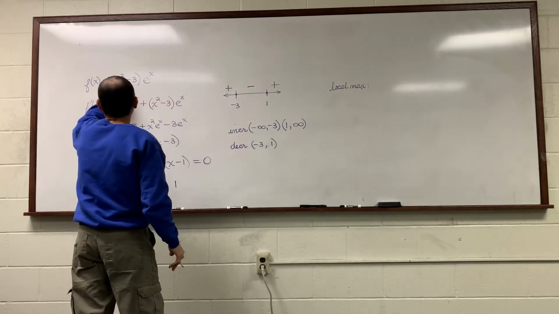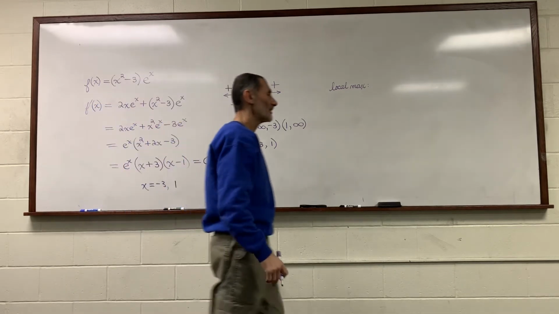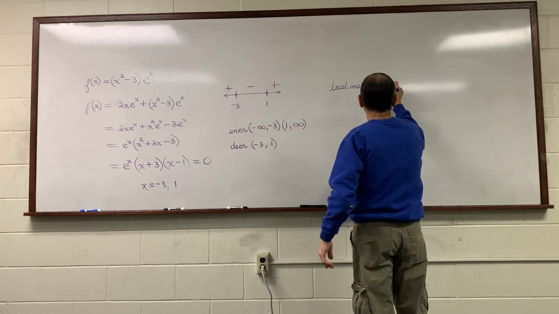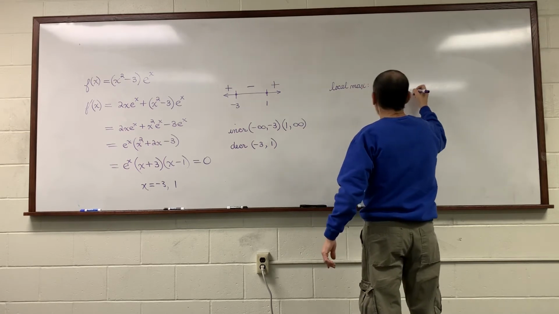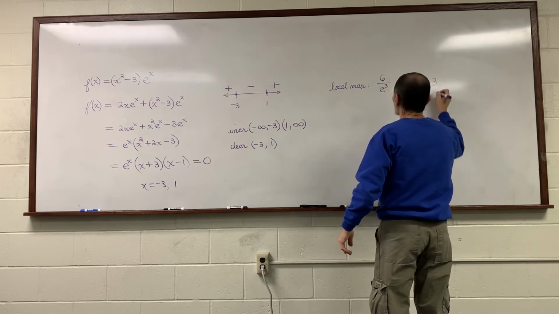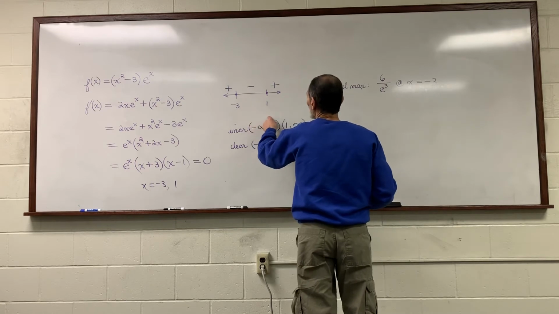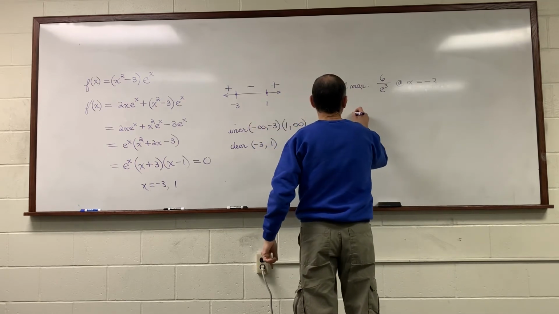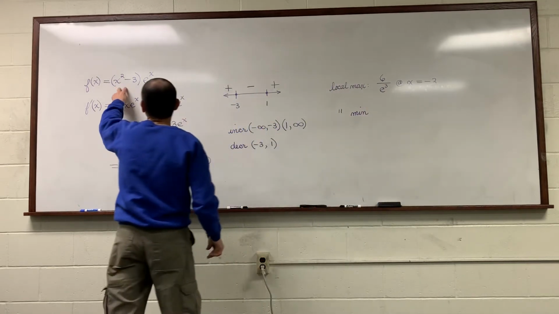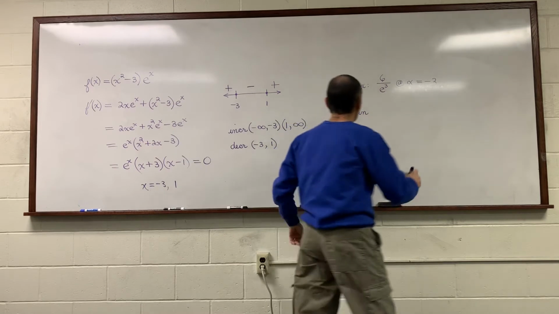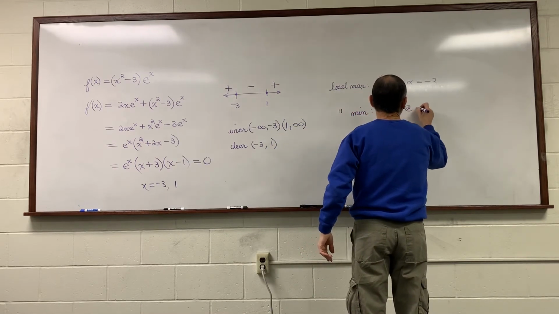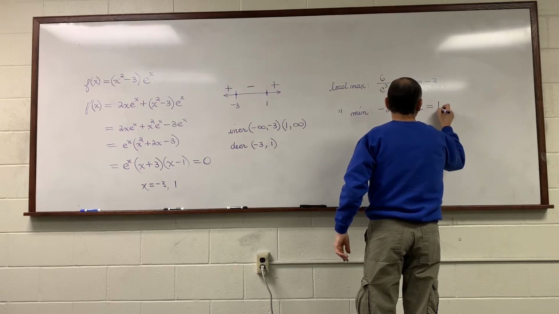It would be 9 minus 3 is 6 e to the negative 3, or 6 over e cubed, at x equals negative 3. We have, going from decreasing to increasing, a local minimum. And that local minimum at x equals 1, negative 2e. Negative 2e at x equals 1.